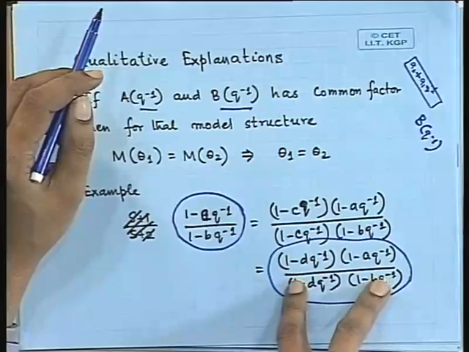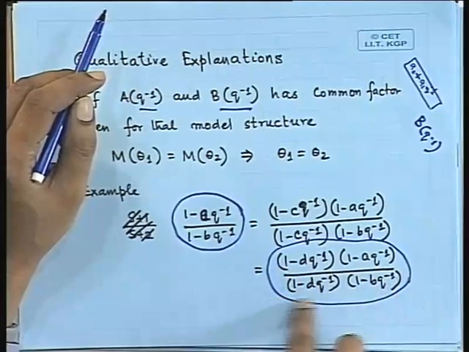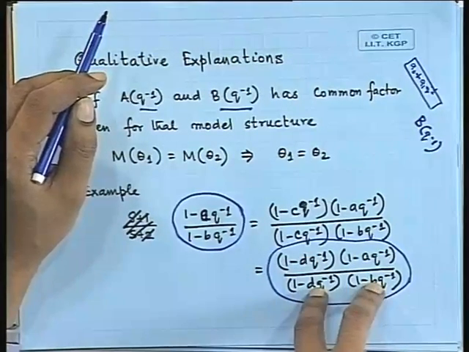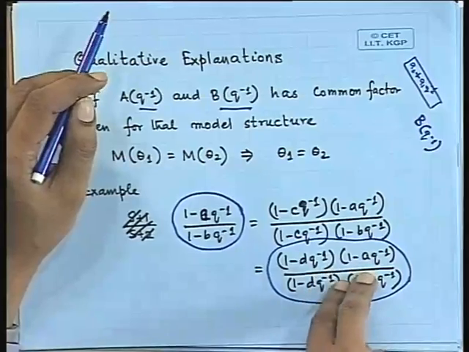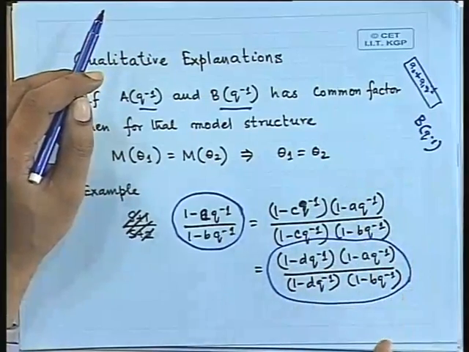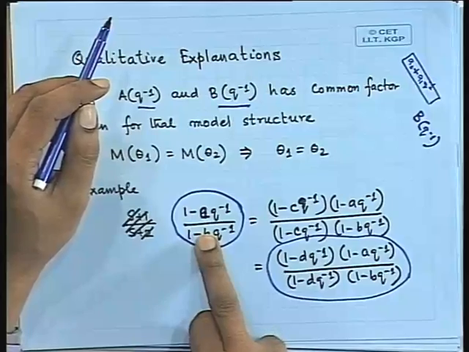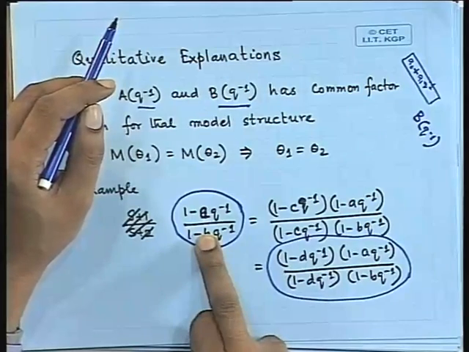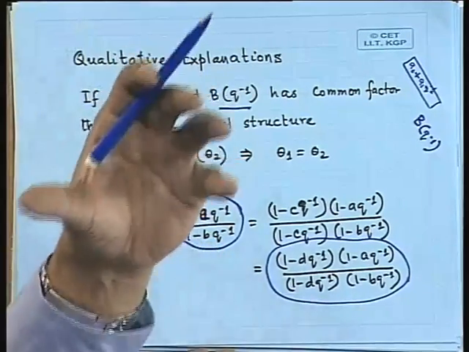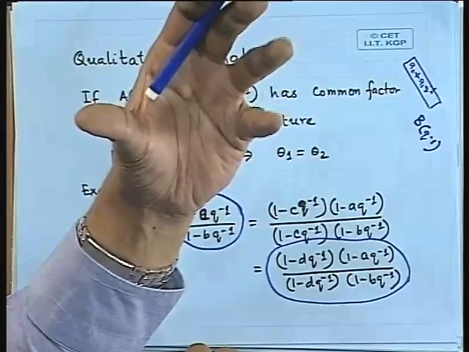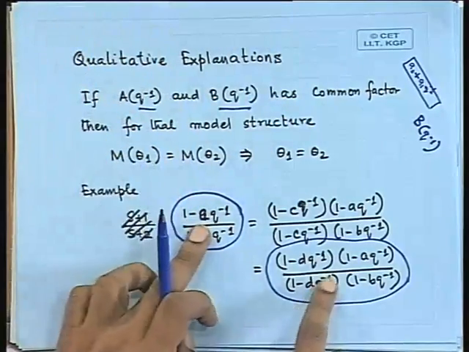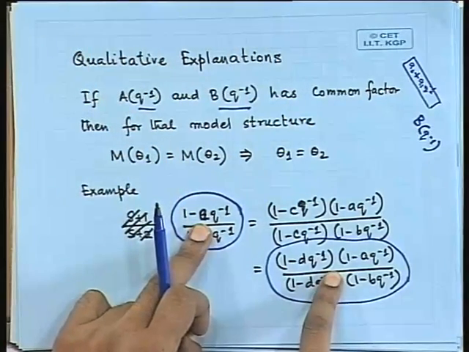If you really break it up, then the forms will look different. But actually for arbitrary values of A, B, C, D, this system is the same as this system, correct? So a model is the system itself in whatever way it is parameterized. So these two systems are the same, but their parameterizations are different.